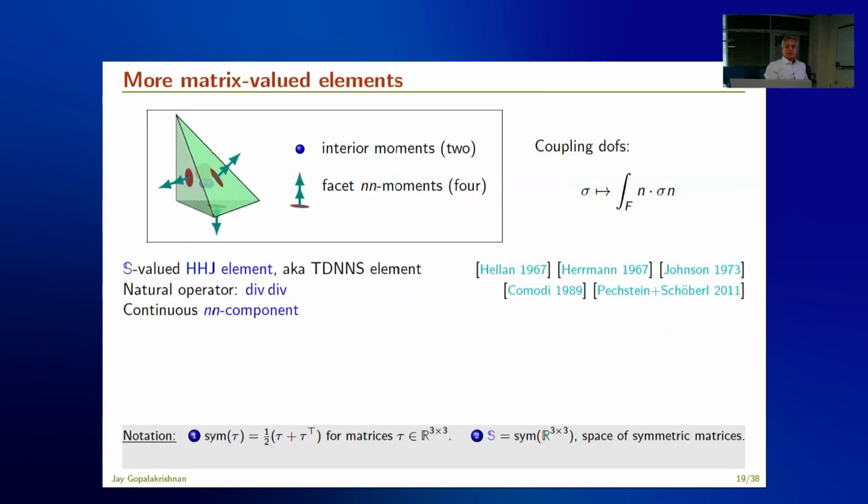The oldest is the HHJ element, the Hellan-Herrmann-Johnson element, which is a symmetric matrix valued element, not unlike the previous one that we saw. The previous one was a trace-free matrix, and now it's a symmetric matrix.